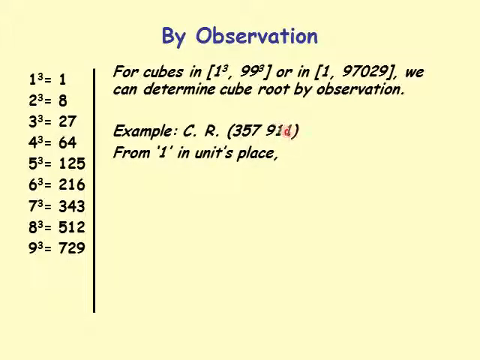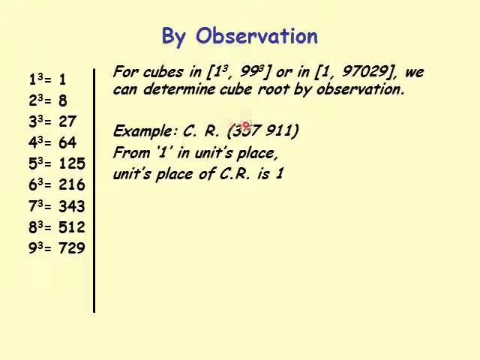From the 1 here I'm going to use the rightmost digit. This units place 1 tells me the cube root has a 1 in the units place. Then 357 here is between 7 cubed and 8 cubed. 7 cubed is 343 and 8 cubed is 512.